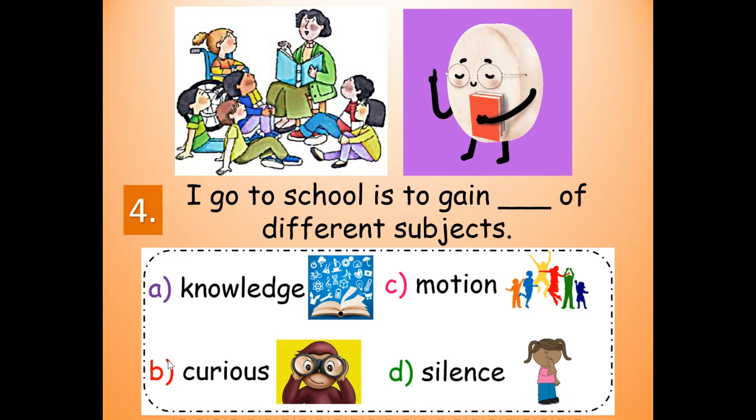What makes sense given the context of where the word is in the sentence and our picture clues? Knowledge. The root word is to know, K-N-O-W, know. I go to school to gain knowledge or to know more about different subjects.